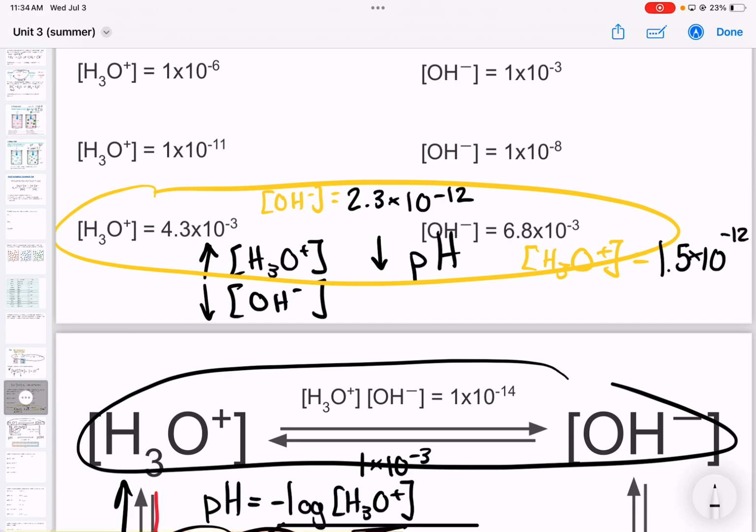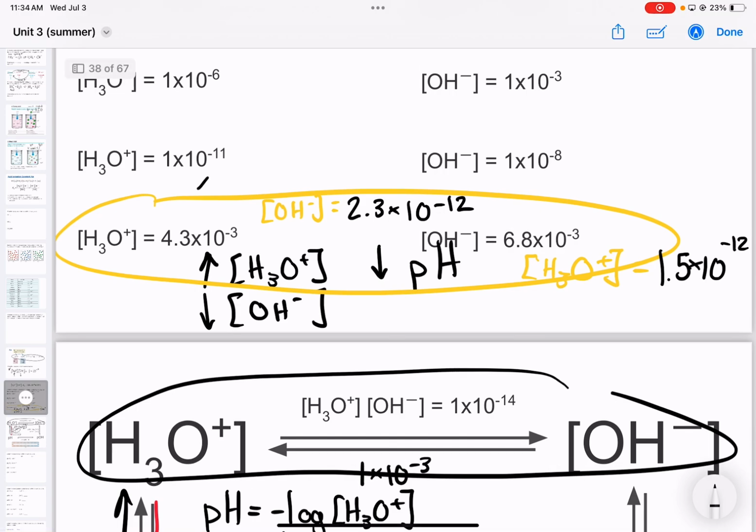Okay, so anything above 10 to the negative 7th, like higher than 10 to the negative 7th, is going to be considered a higher H3O plus concentration or OH minus, because the two of them together, when you multiply them, have to be equal to 10 to the negative 14th. So in a neutral solution, both of them would be equal to 1 times 10 to the negative 7.